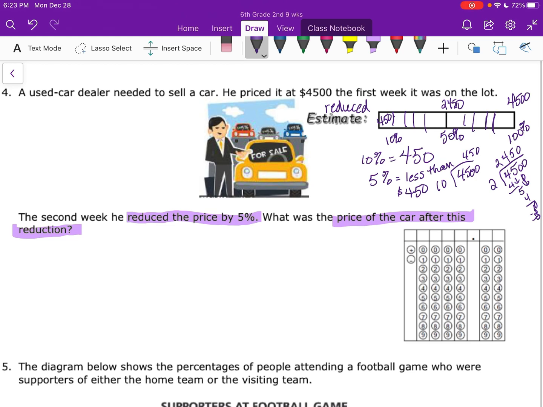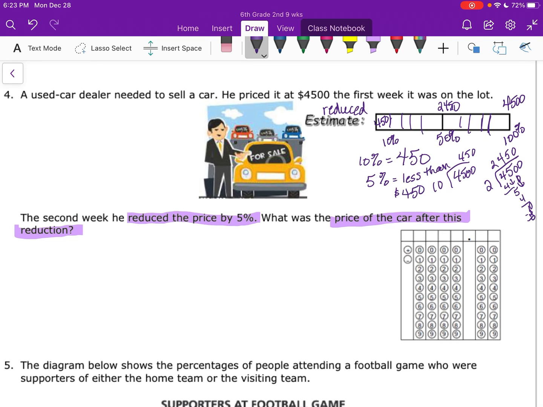All right. So let's set up a proportion. It's going to be how much it was reduced to the total or original price. So it was reduced 5%. So 5 per 100 equals X over 4,500.